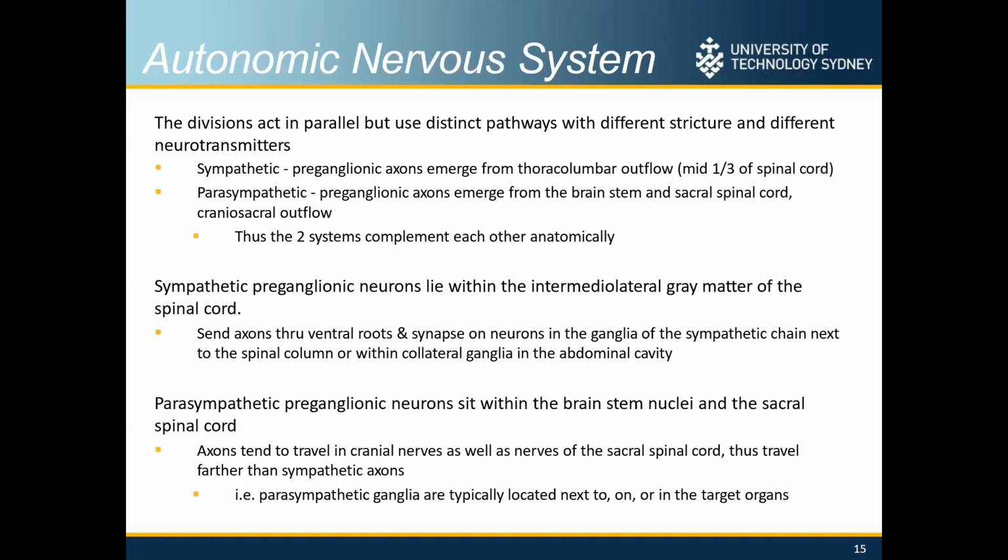It is important to note that this pathway tends to travel farther than the sympathetic axons, and the ganglia here sit next to or on or near the target organs. In this slide, it is also important to note the differences between the two arms and how the neuronal circuitry is actually arranged in this system.